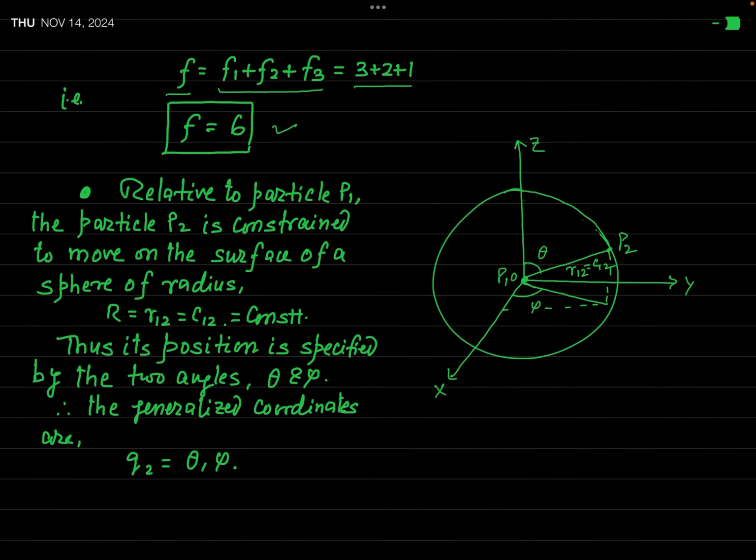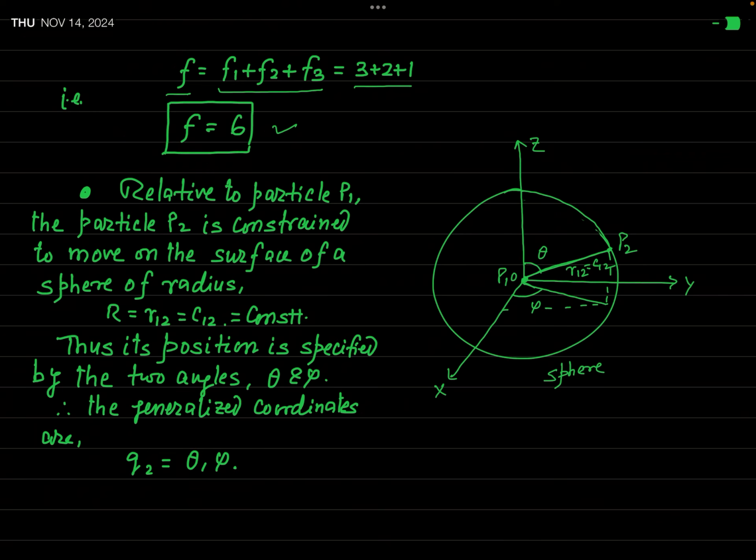And if the distance between P1 and P2 is fixed and P2 is moving with respect to P1, then definitely this P2 will move on the surface of a sphere. This is a sphere, and P2 is moving on the surface of this sphere relative to P1.